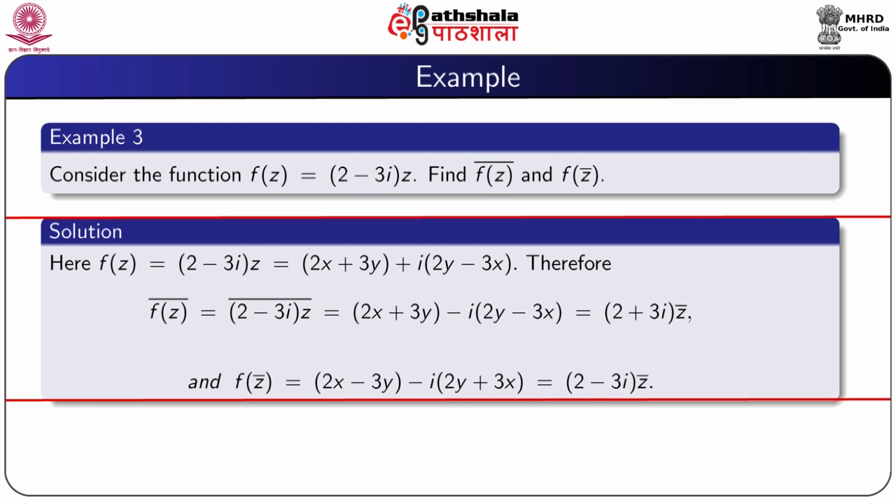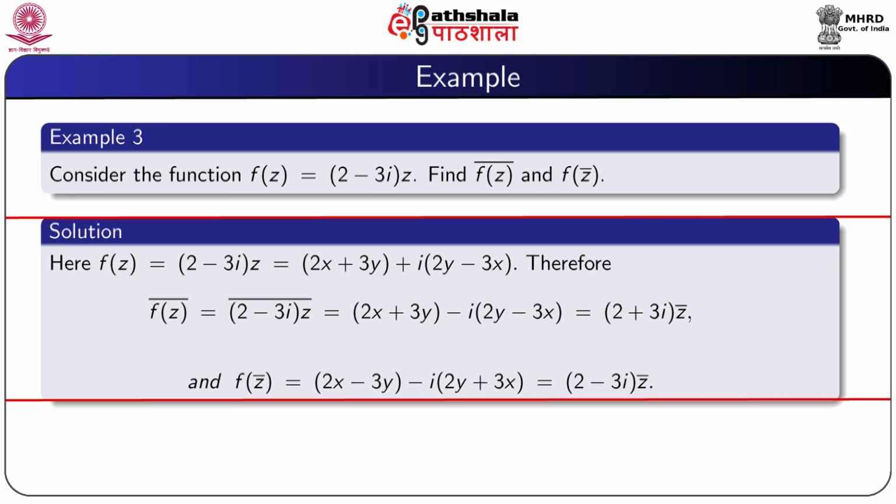Therefore, the conjugate of f(z) is (2x + 3y) - i(2y - 3x), and by simple calculation we get this as (2 + 3i) times the conjugate of z.